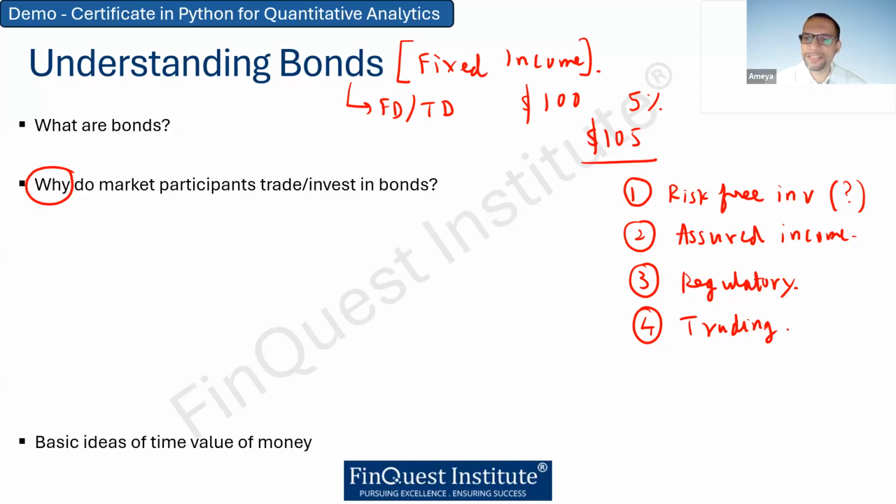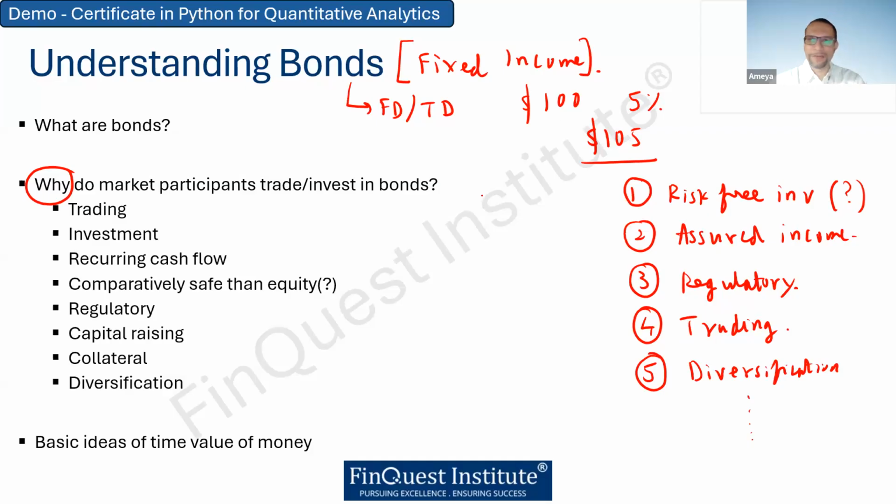Omkar, if you don't mind, can I think of that under the gamut of trading? Can I also say diversification? So then can I go back? I have a few points here. I think a few of them will be reflecting here as well.